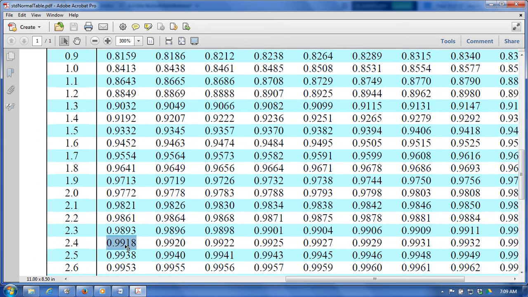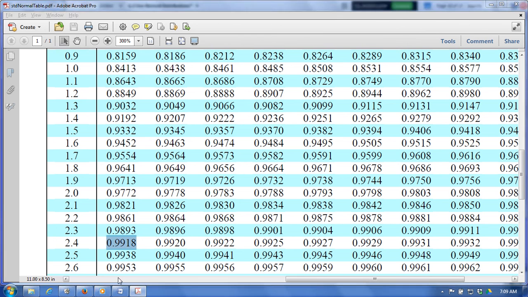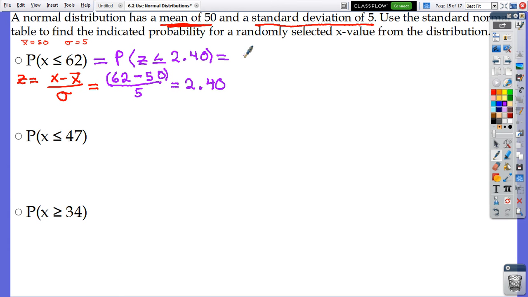That value is my answer, 0.9918. So this is the probability that a value is going to fall less than 62. It's that easy. All you have to do is use that chart.